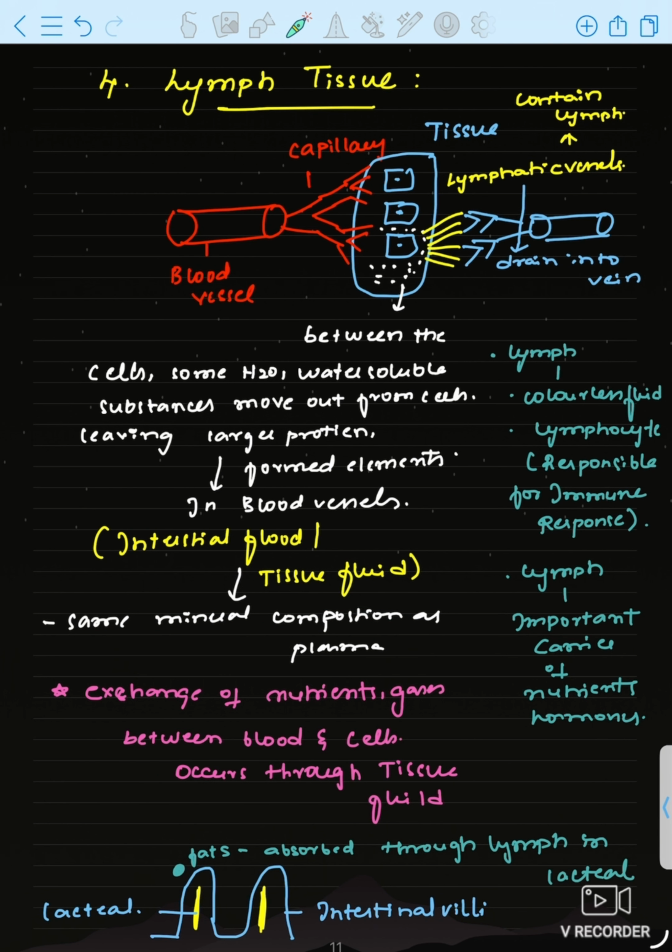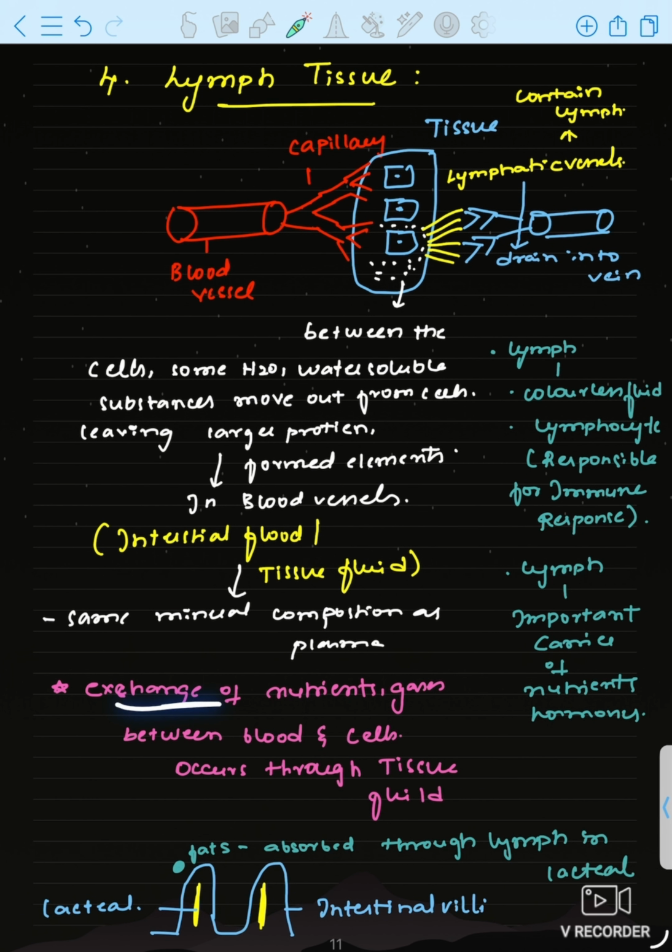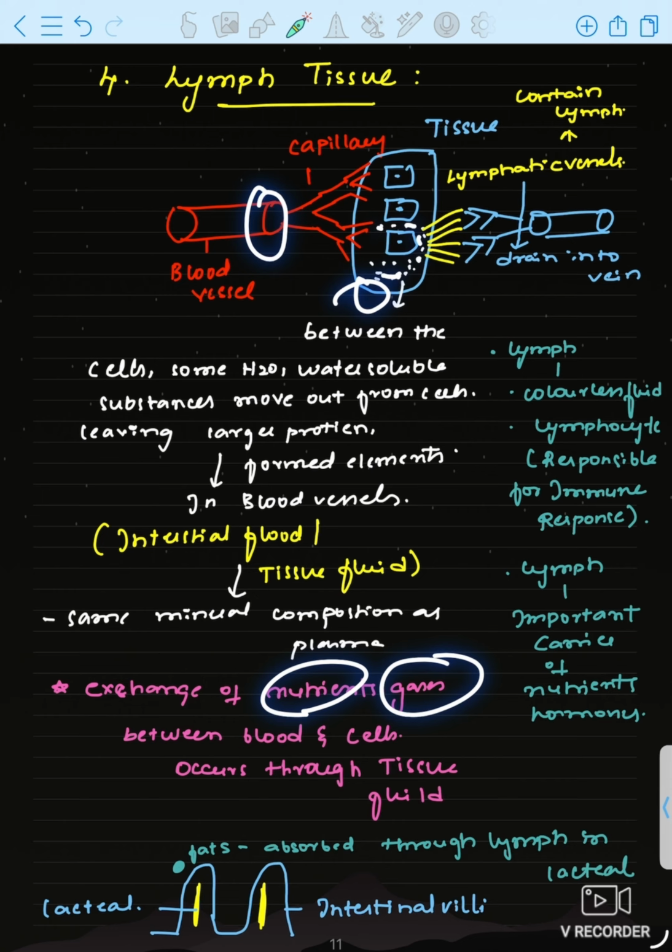So exchange of nutrients and gases between the blood and cells occurs through tissue fluid, that is, interstitial fluid.